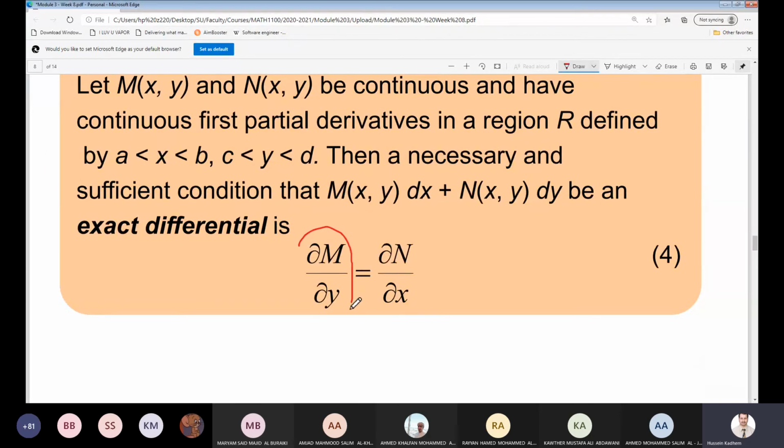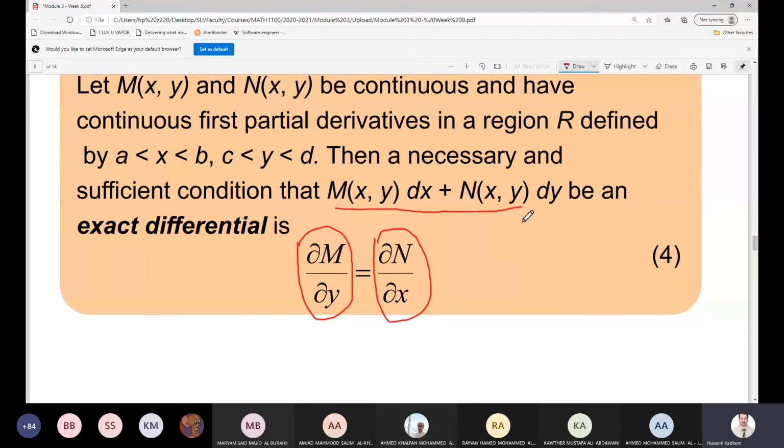When I differentiate M with respect to y, and I differentiate N with respect to x, and they are equal, I say this equation is an exact equation. I can solve it using the procedure for exact equation. Now you may ask, what if the condition is not satisfied? We cannot solve it by exact. We need to take another step to make it exact, and then we come back to exact, as I will explain, inshallah, next session.